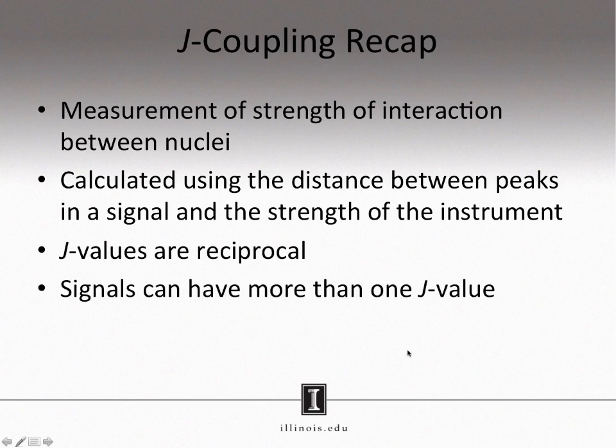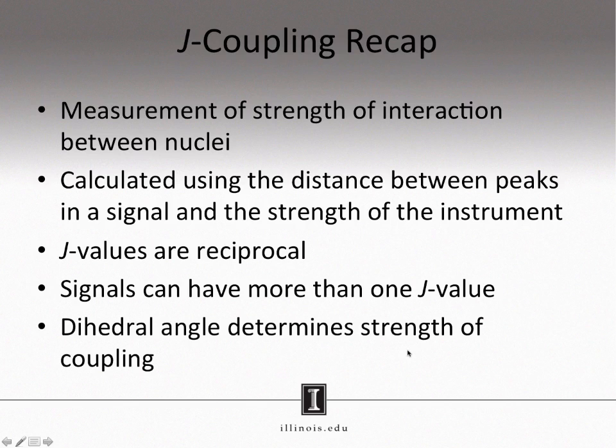It is possible for signals to have more than one J value. This occurs when a proton is being split by two significantly different types of protons. And finally, the dihedral angle between protons on adjacent carbons determines the strength of a coupling value. And you can use those values to try and identify the relative positions and orientations of the two protons.